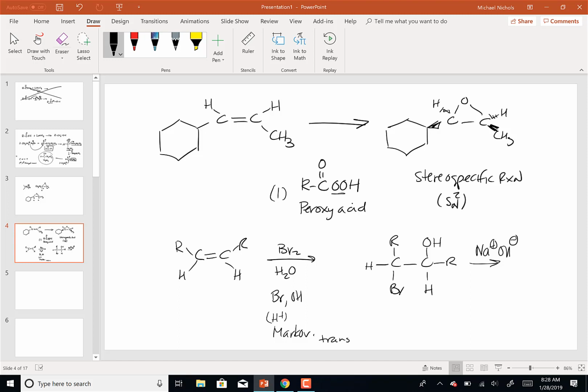Hold on. So let's forget about kicking off the Br, and let's go right to the OH minus deprotonating the OH in the molecule. I like that. So the hydroxide is going to deprotonate that OH, and we're going to end up now with this.